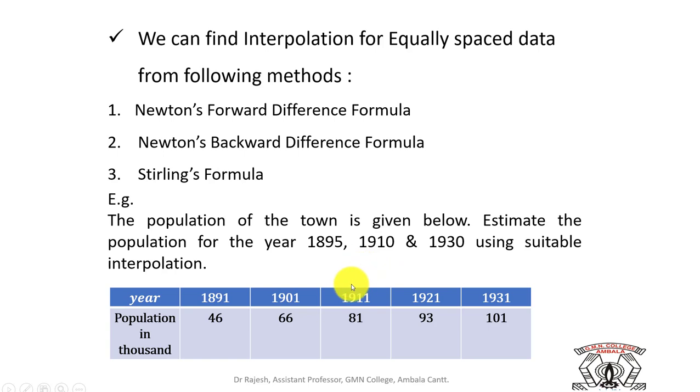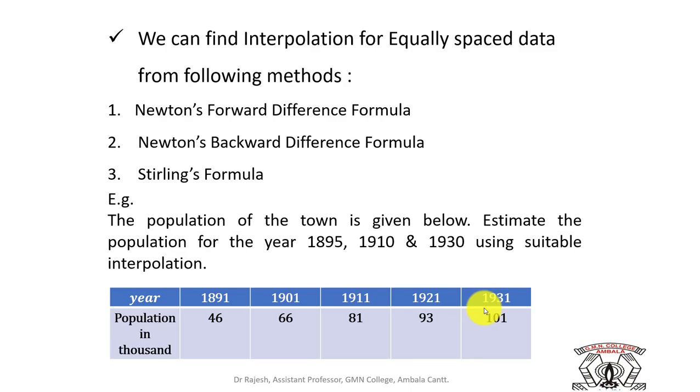For 1910, it is near the middle, so Stirling's formula will be used. For 1930, using a suitable interpolation formula, the backward difference formula will be used.